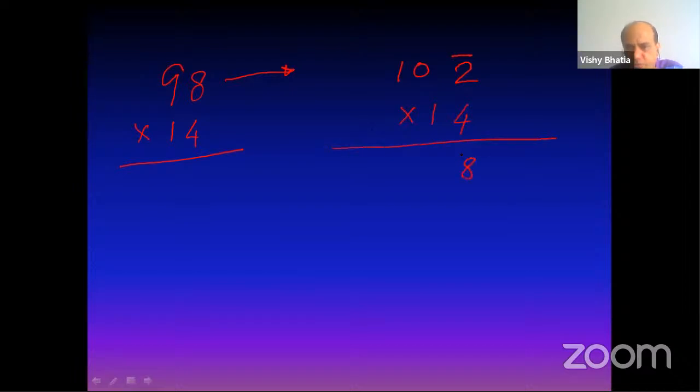Because this becomes 8 bar, 0 and 4. This is 2 bar, 0 and 1. Sum these ones: 8 bar, 2 bar, 4, 1. 1, 3, 9 minus 2, 7, 10 minus 8, 2.